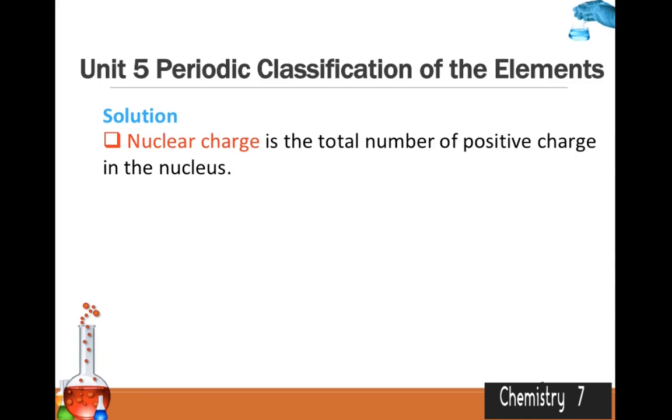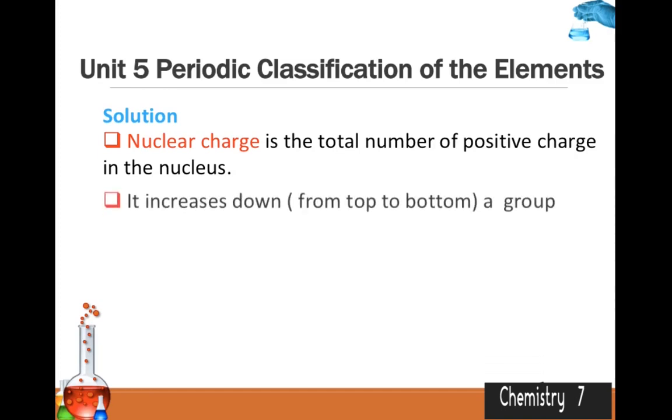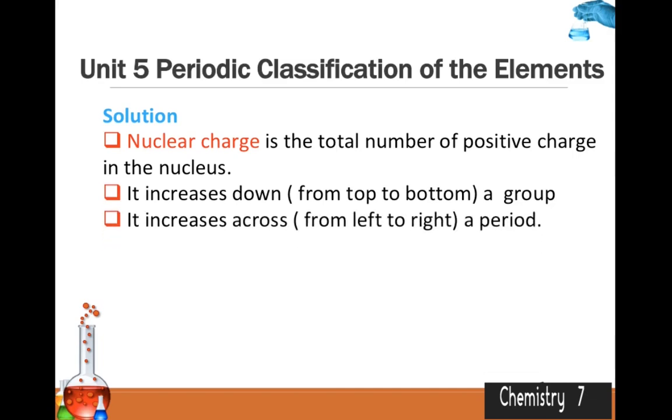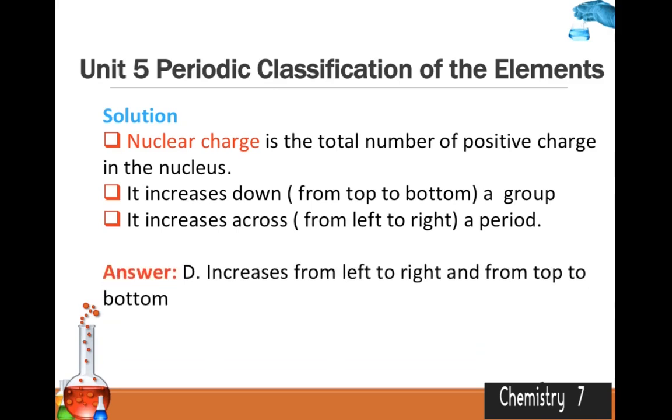Nuclear charge is the total number of positive charge in the nucleus. It increases from top to bottom of a group. It increases from left to right of a period. The answer is D, increases from left to right and from top to bottom.